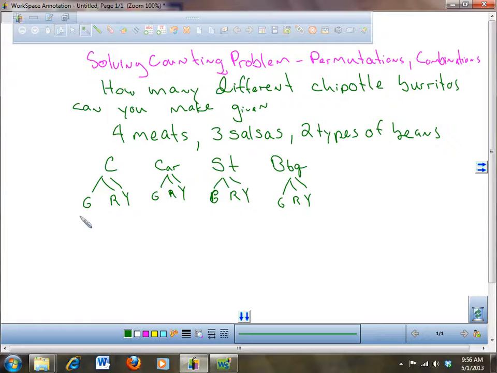And then for beans, you could either get pinto or black, for each of those choices. So altogether I have 4 times 3, because there's 3 choices for each of those, times 2 for each of those. All you do is multiply the different choices together. So 4 times 3 times 2, and then you would get 24.